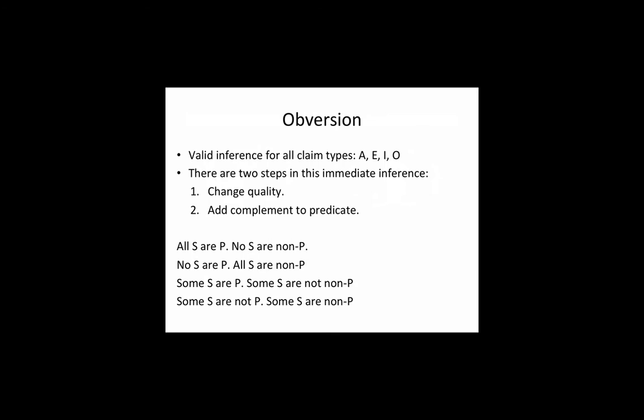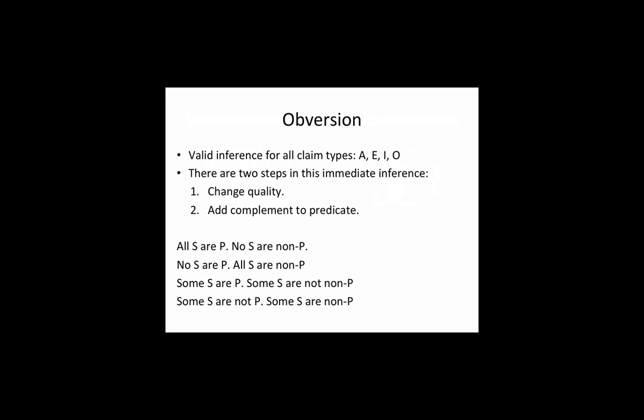proposition to another. In other words, what we do with obversion, conversion, and contraposition is we take a specific claim type, not a particular claim. A particular claim is an O or an I claim. So to be more exacting, with obversion, conversion, and contraposition, we take a specific claim type and we manipulate its internal structure to see if the result is equivalent to the original.